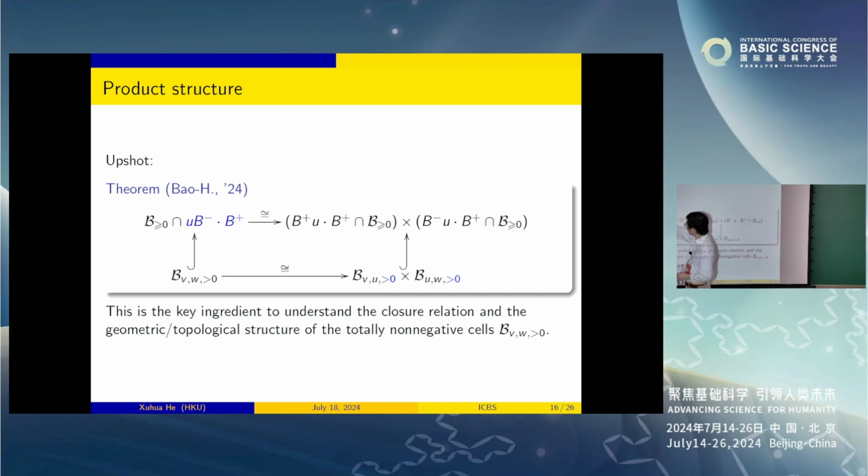Well, the decomposition comes from this one. For this one, you write down the associated element as a product of root subgroups, and there is a way to break this up, related to U. I forgot which order I take.